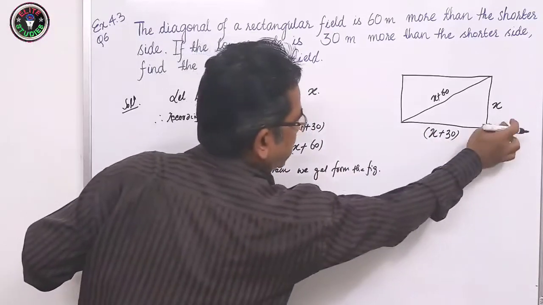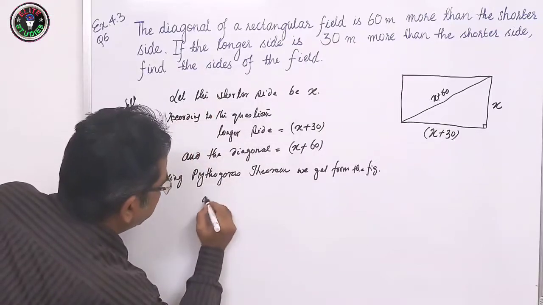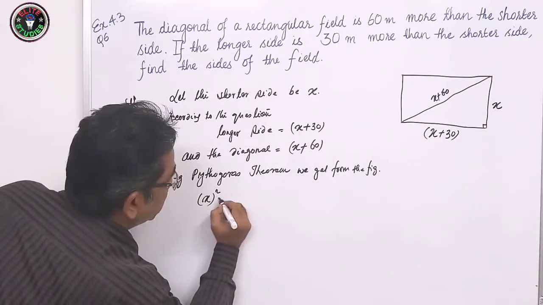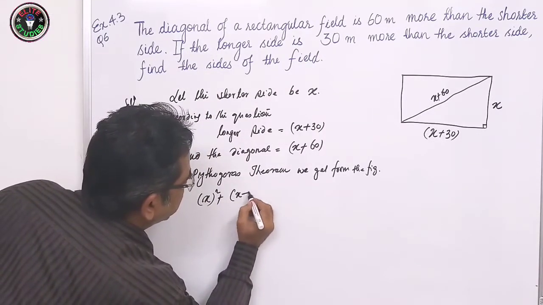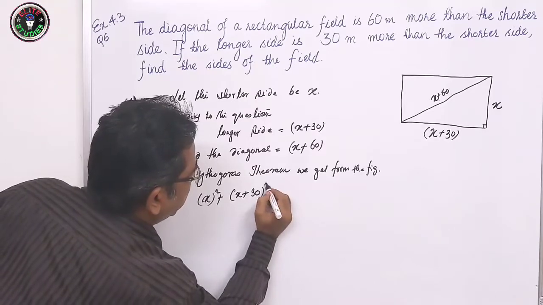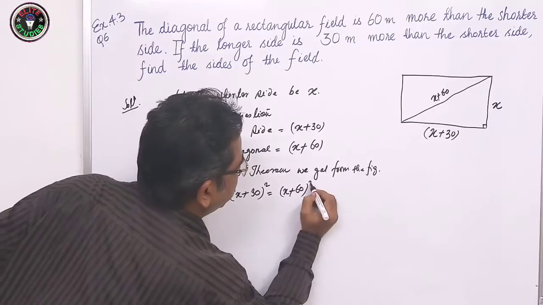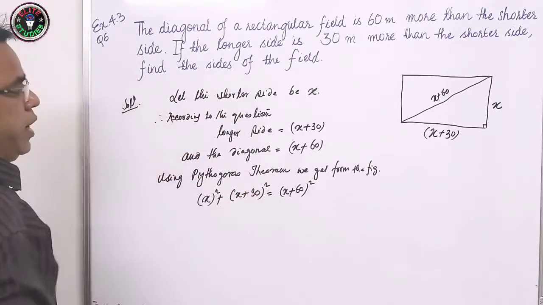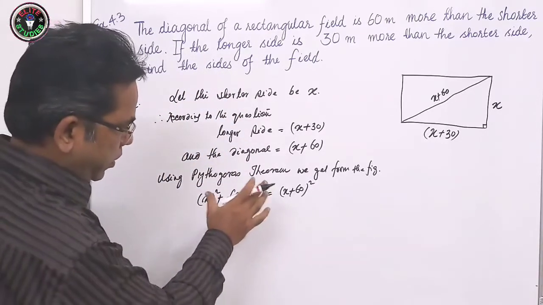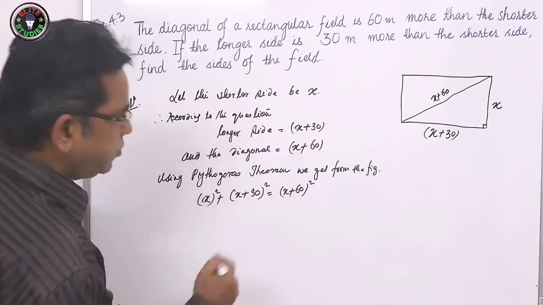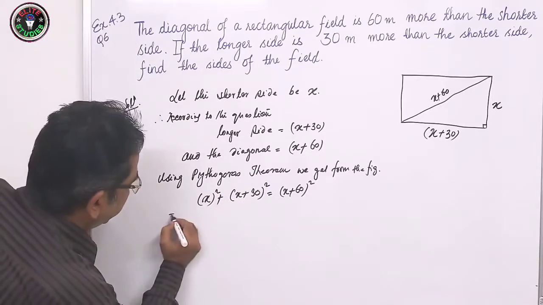This square plus this square is equal to this square. Means x square plus (x plus 30) whole square is equal to (x plus 60) whole square. Now we have framed the equation. Now we have to simplify it.